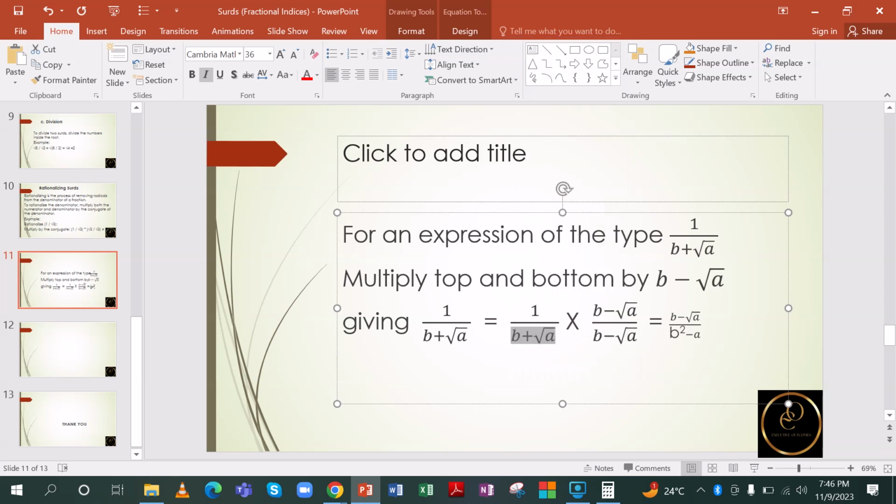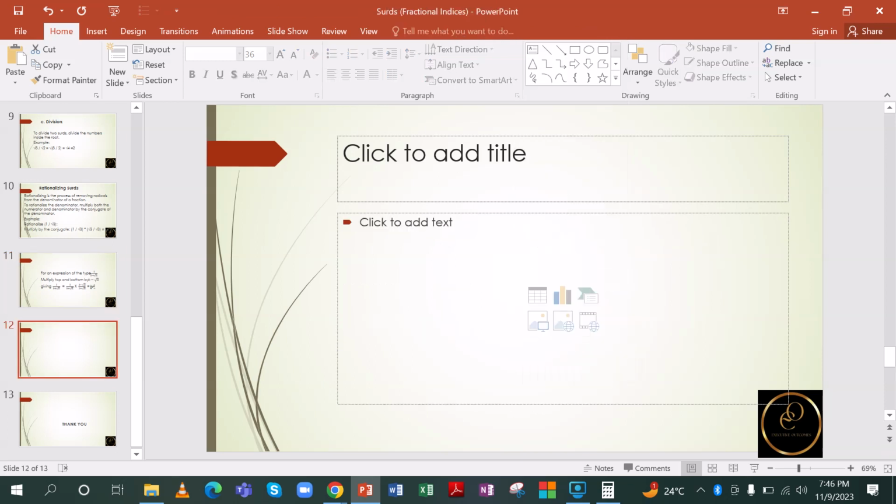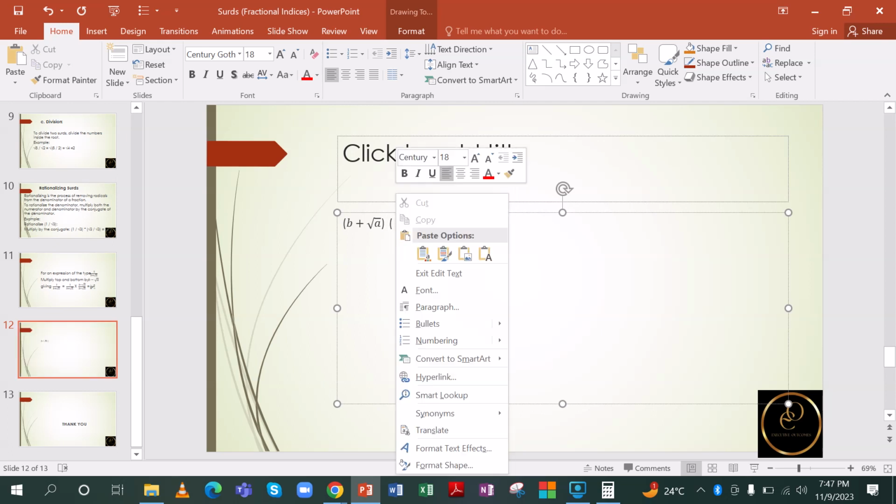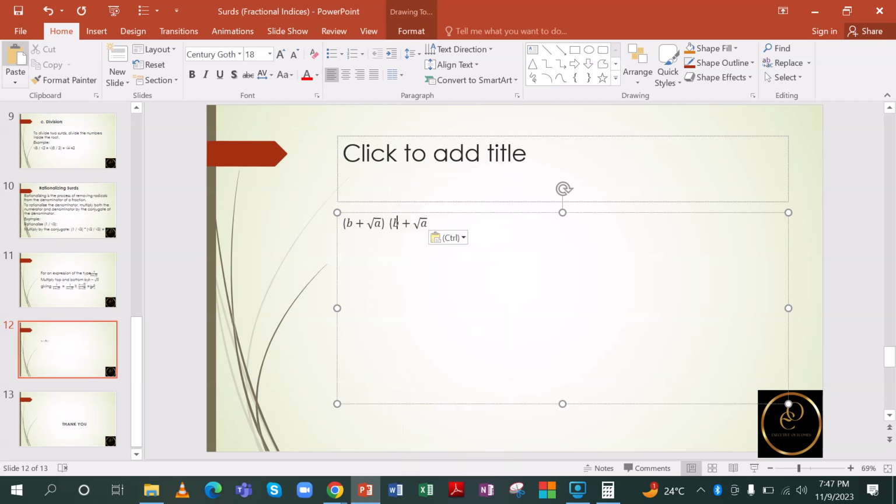Okay, so it's this one. We can put it in parentheses since we are multiplying by itself, multiplied by this one again.